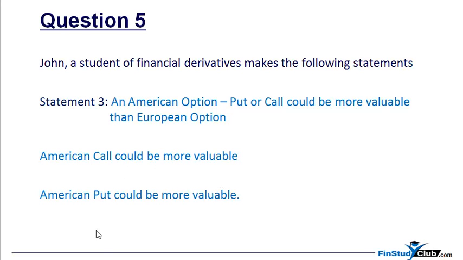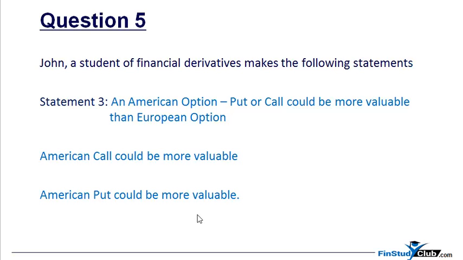Now, under what circumstances would an American put be more valuable? You need to ask yourself, under what circumstances would an early exercise make sense for somebody who's owning a put? Well, clearly when a put is deep in the money, there isn't much more to come your way, being a put option owner, as the stock has already plummeted to a very low level.